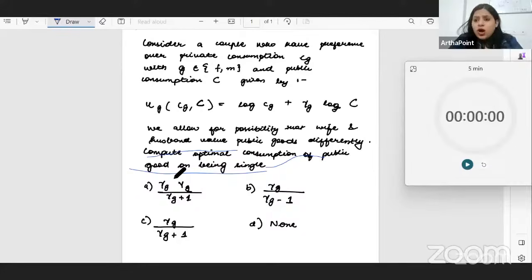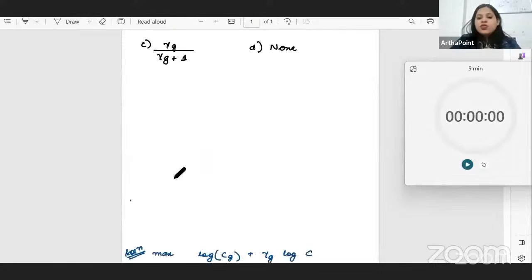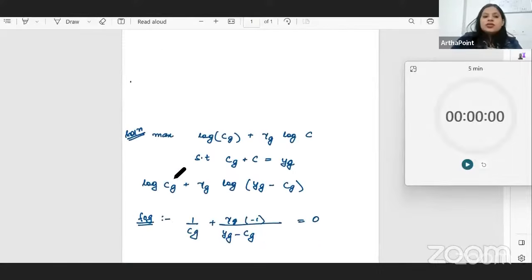So we know how to do optimization problems of one person. We just have to go ahead and maximize the utility subject to the budget constraint, right? So if we look at the question, this is my utility function given to me. And what is my budget constraint?